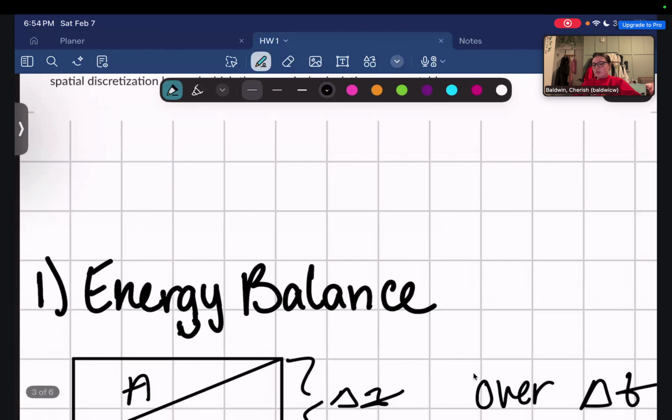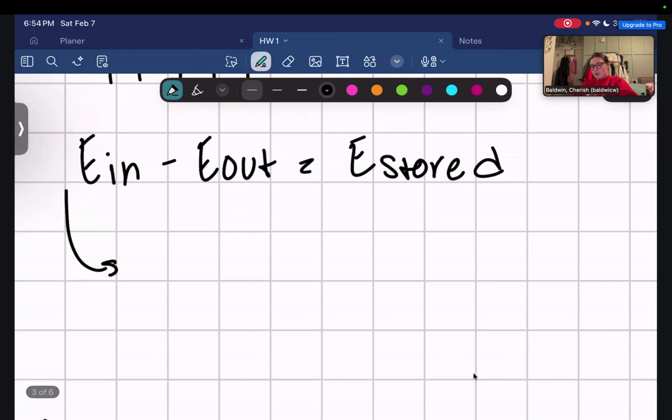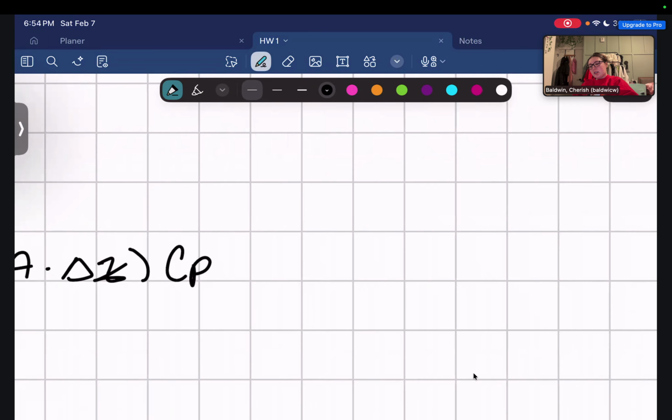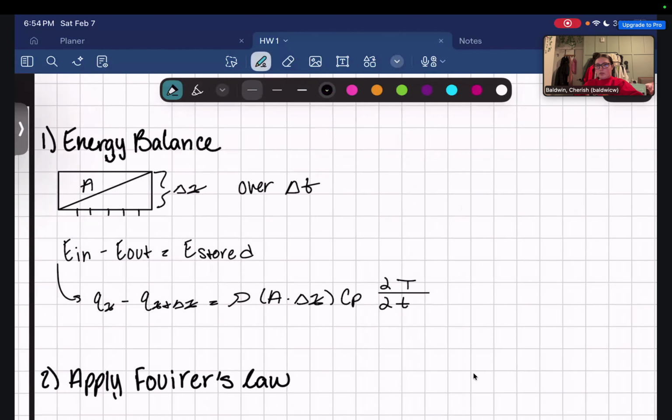This relates to heat: heat in minus heat out equals the density, the cross-sectional area times the thickness times the heat capacity times the partial derivative of temperature over the partial derivative of time. So now we're finished with the energy balance.